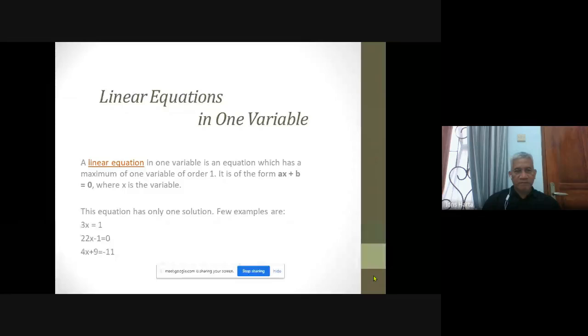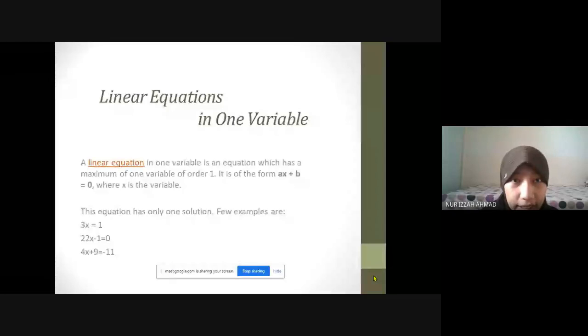Bismillahirrahmanirrahim. A linear equation in one variable is an equation which has a maximum of one variable of order 1. It is of the form a times x plus b equals 0, where x is the variable. This equation has only one solution.